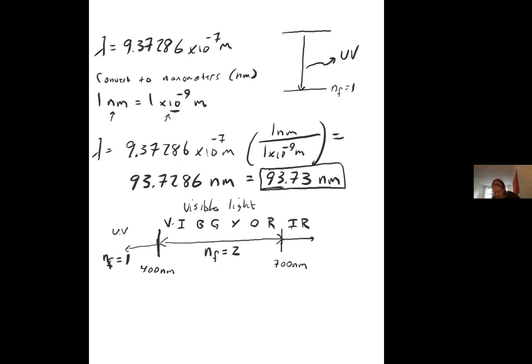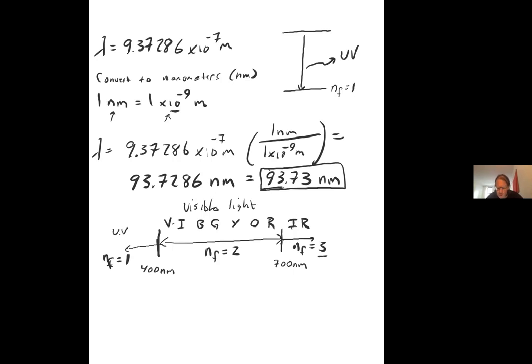And then if n final equals 3, that's where you get infrared. Okay, so infrared is where the final value is 3. And you can have transitions where the final value is 4 as well, but generally the ones that people are most concerned with are final is 1, final is 2, final is 3. And there you go. So that's the Bohr model.